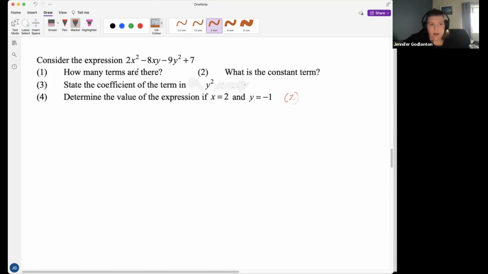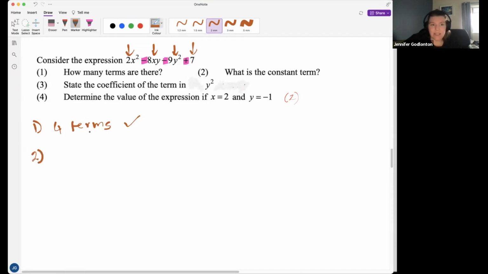Okay, first of all, how many terms are there? So remember, our terms are split up with pluses and minuses. So these minuses and pluses are splitting up our terms, which means we have got 1, 2, 3, 4 terms. So question 1, 4 terms. Give yourself a mark.